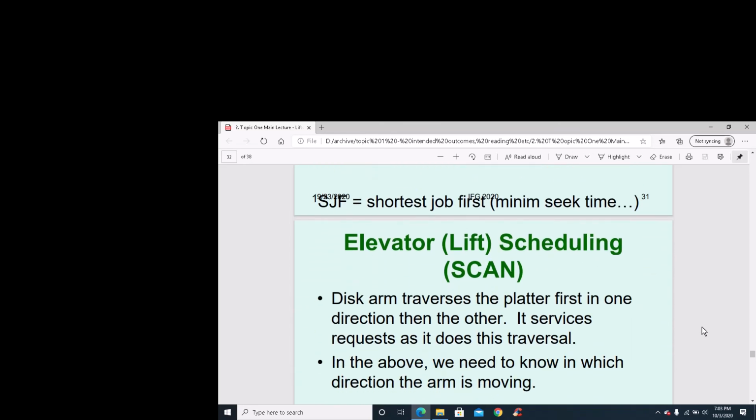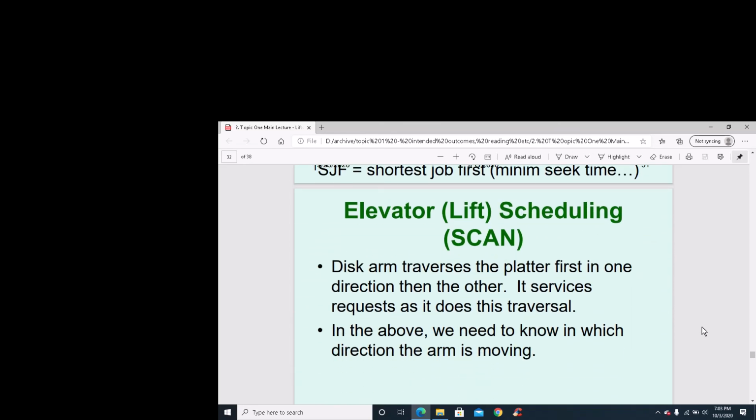So finally, I just want to mention the elevator or lift scheduling algorithm, which is called SCAN. In this scheduling algorithm, the disk arm traverses the platter first in one direction and then the other, and it serves requests as it does this traversal.